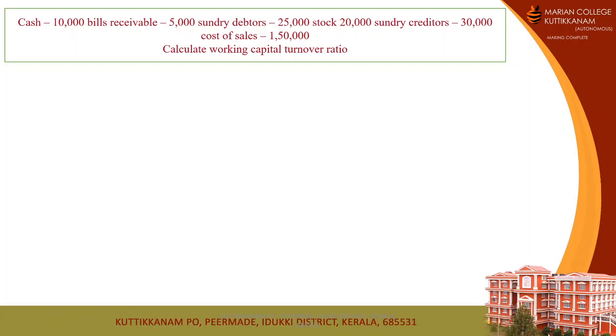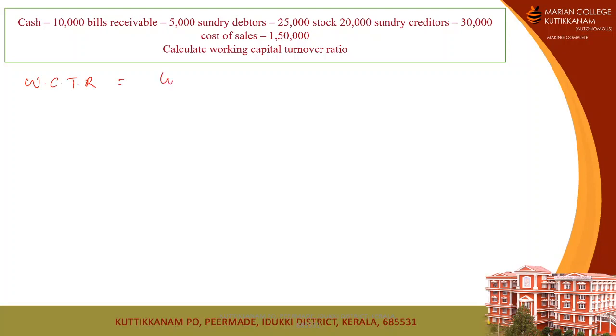Here cash is 10,000, bills receivable is 5,000, sundry debtors is 25,000, stock is 20,000, sundry creditors is 30,000, then cost of sale is given as 1,50,000, and you need to calculate this working capital turnover ratio. And what is the equation for calculating working capital turnover ratio?